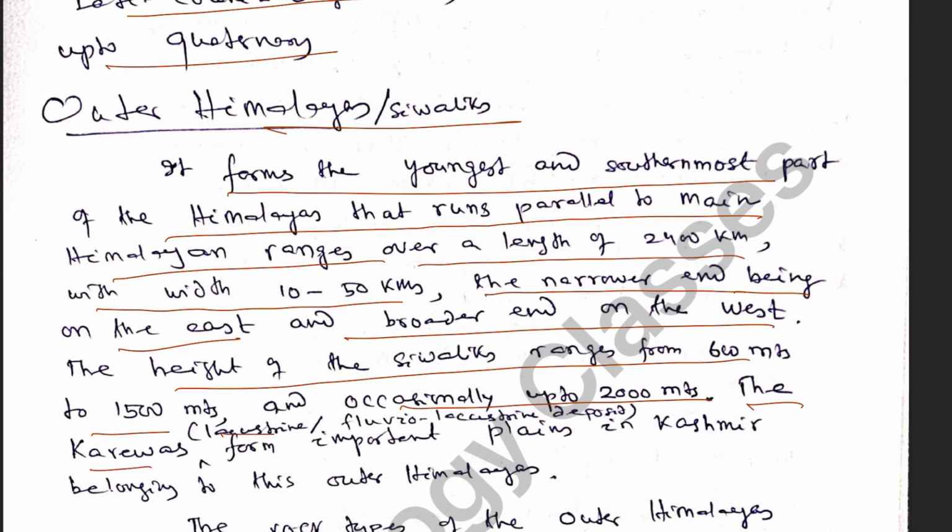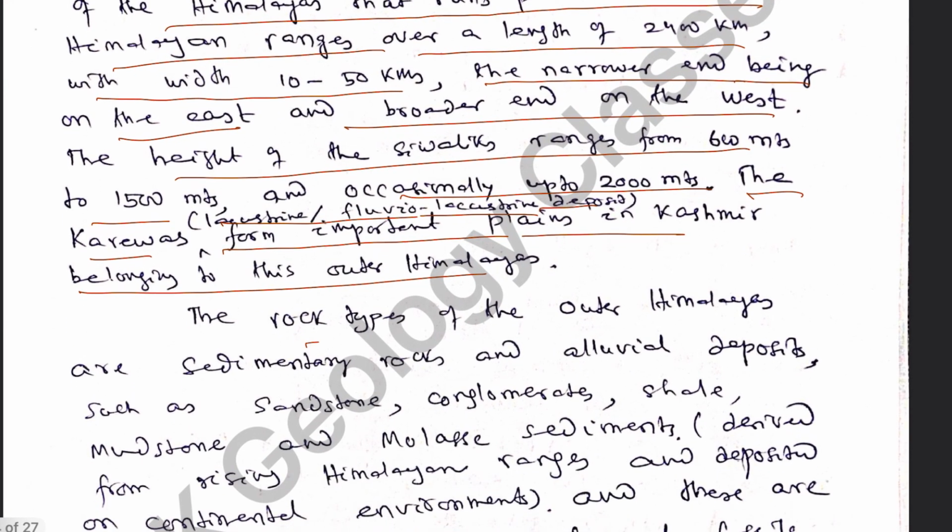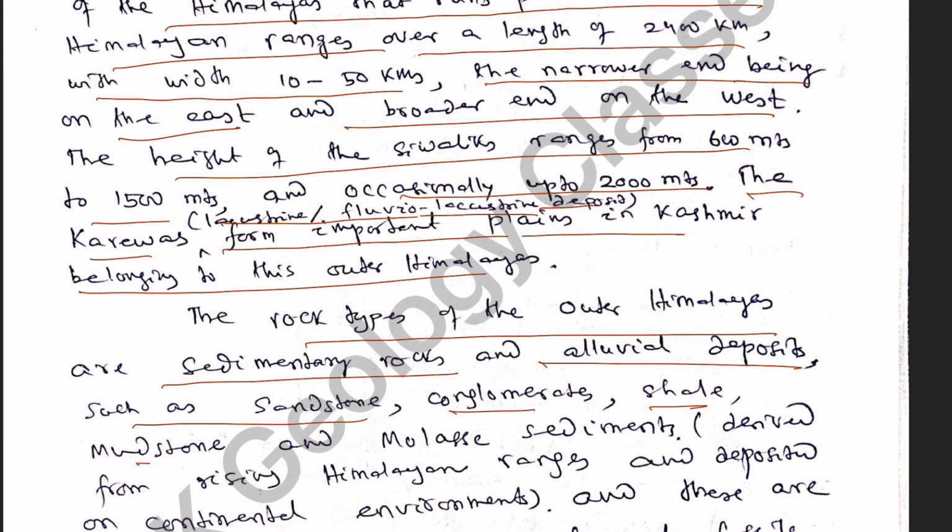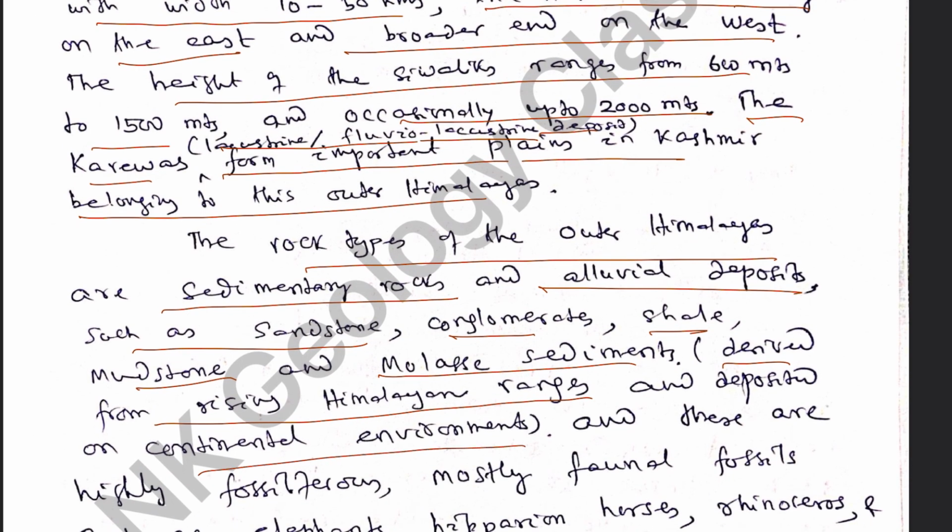The Karewas, which are the lacustrine fluvial deposits found in Kashmir, form a major plain of this outer Himalayas. The rock types of the outer Himalayas are sedimentary in origin, alluvial deposits such as sandstones, conglomerates, shale, mudstone and molasse sediments, which are derived from the rising Himalayan ranges and deposited in the continental environment.